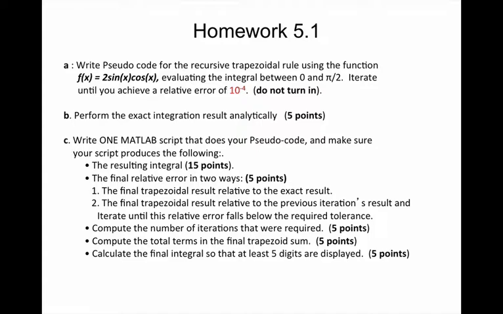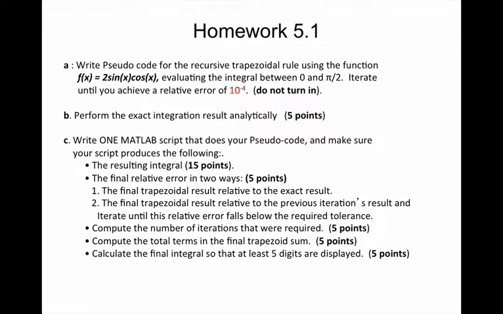So we can use method 2 to get our relative error by replacing the total error between the true answer and the calculated value with using the last 2 results. You take the difference between those 2 results and then you divide by the most accurate result, which would be the last one, and then take the absolute value. So that would be method 2 of doing the relative error.